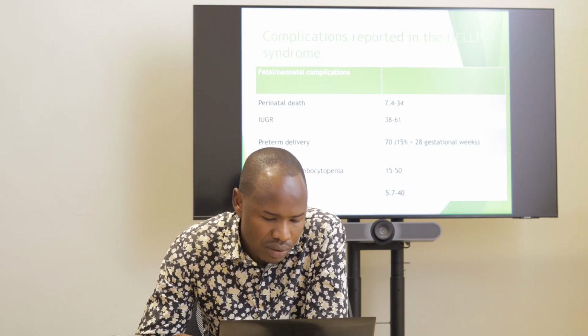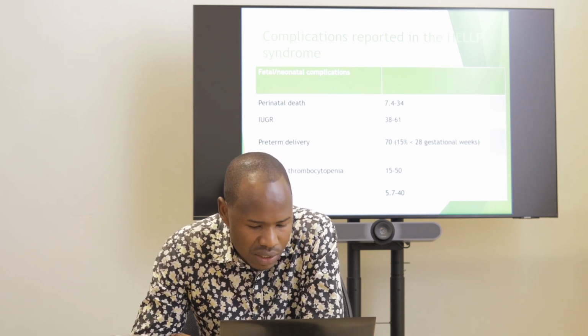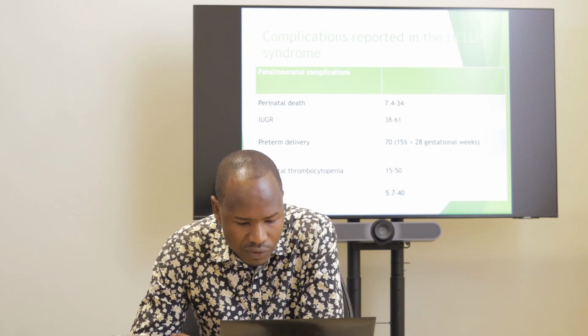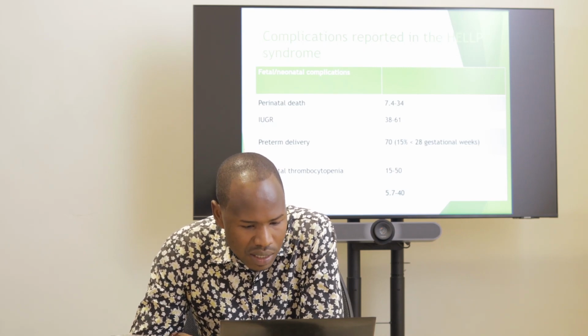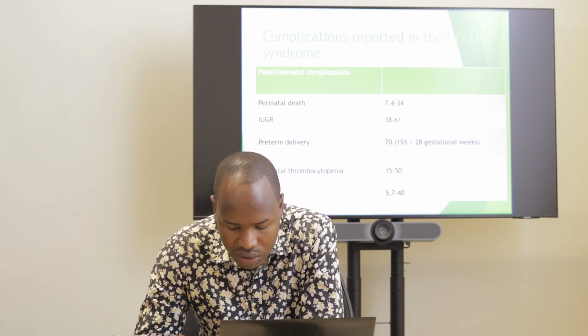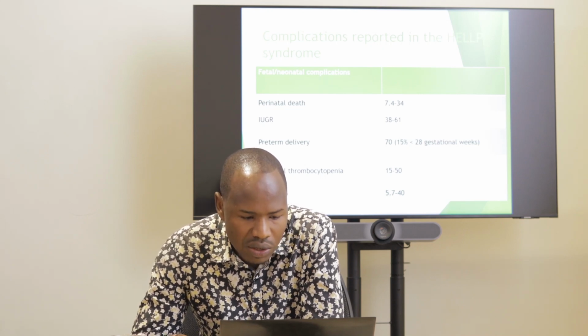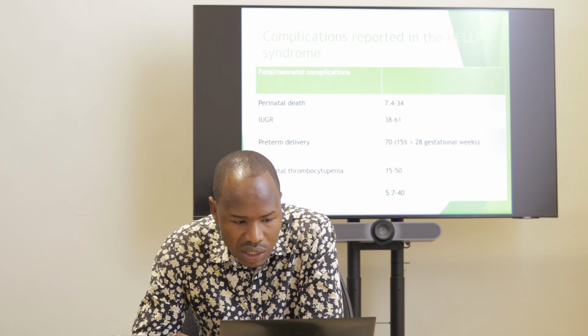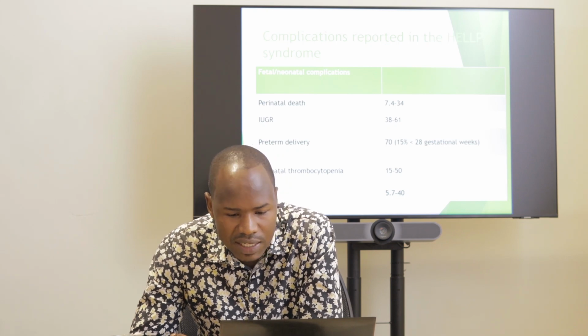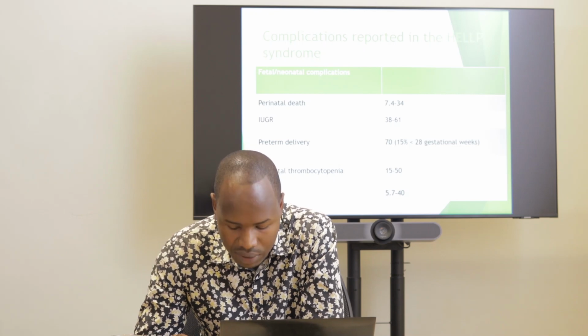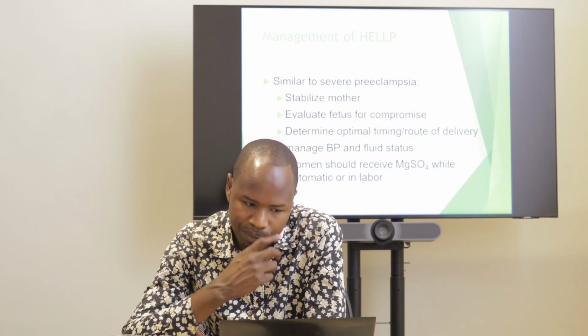Also, there is RDS, respiratory distress syndrome, which accounts for 40%, and perinatal death accounting for 34%. These are also complications of this HELLP syndrome as a result of severe preeclampsia or eclampsia.